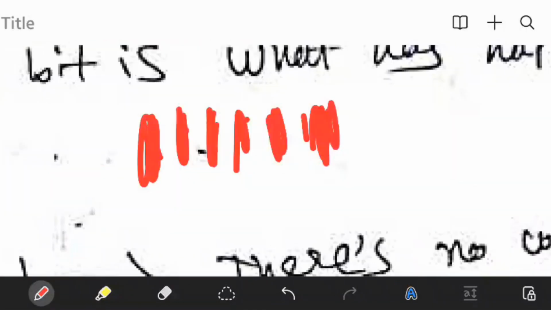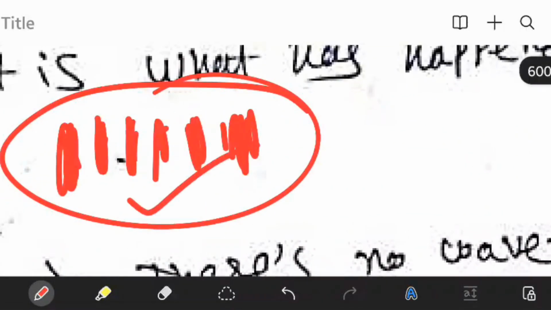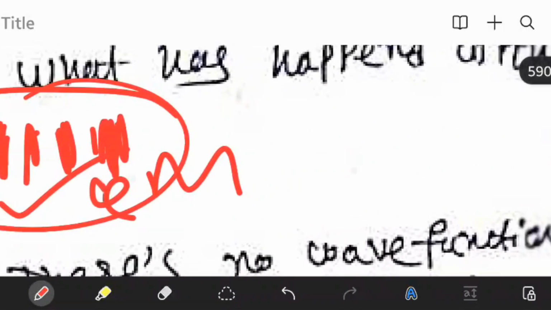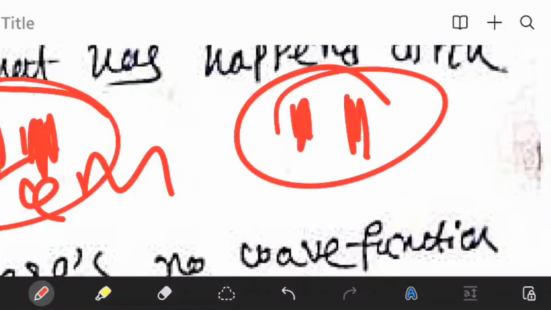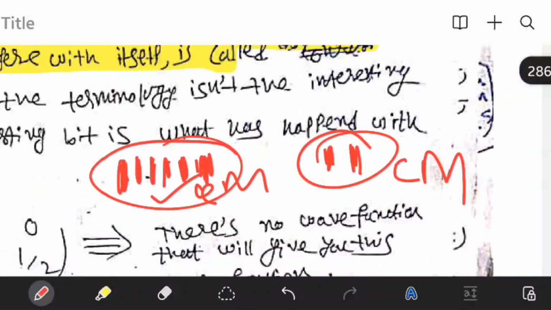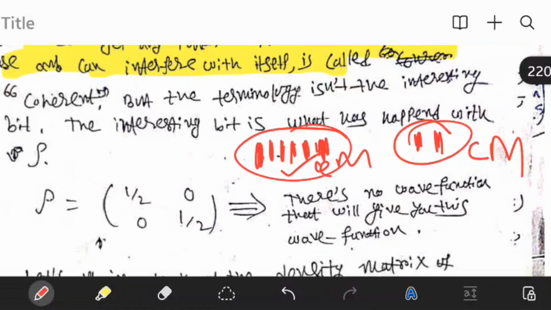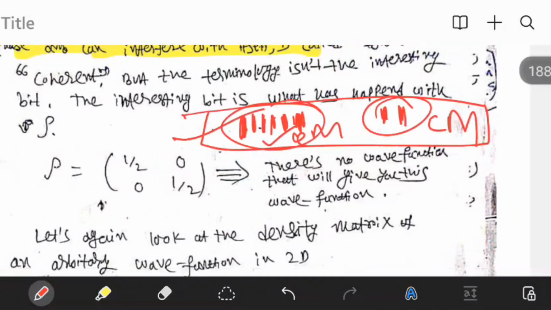So basically what I'm trying to communicate is you won't get such a pattern, which is true for quantum mechanics, but you will end up with this thing, a classical double slit pattern, CM, which is classical mechanics. That's what happens in a double slit experiment.